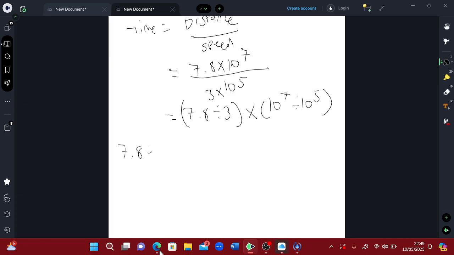Well, bring it as one fraction, so 78 over 3, 7.8, yes. How do we get rid of the decimal? Well, you're going to want to times by 10, so move it to the right by 1. 78 over 30.